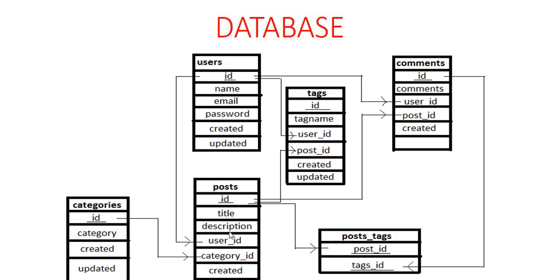We will be storing the details of the post inside our post table, and we also need to store the details of the user who has created that post. So for that reason we are using the user ID as a foreign key inside my post table.